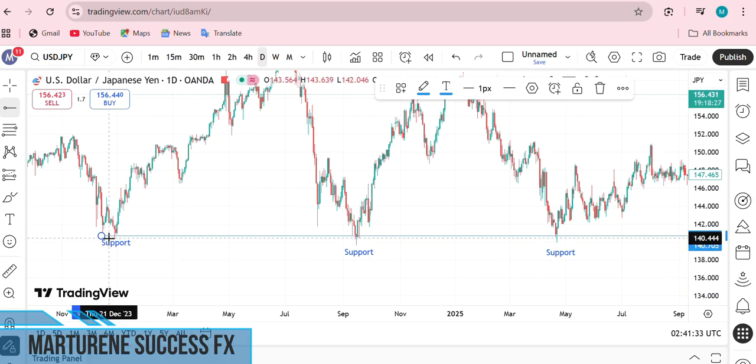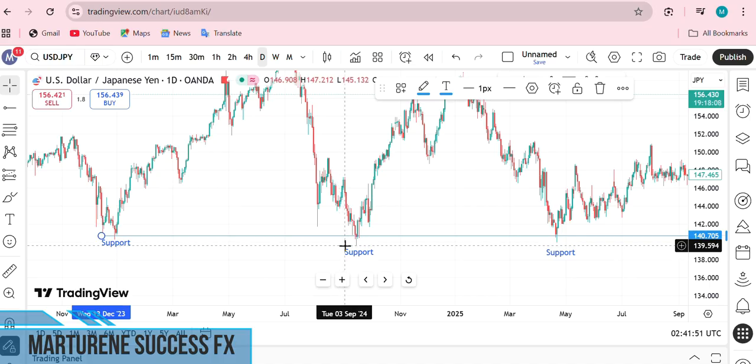At this area, this is where the market made a rejection at 140.444. And here it made a retracement at 139.660.